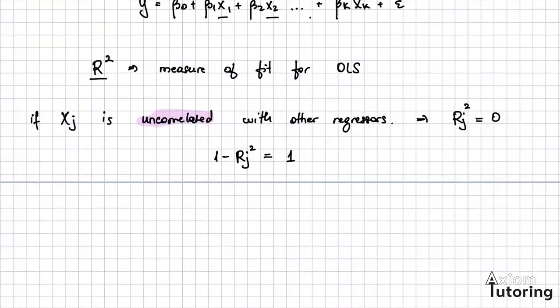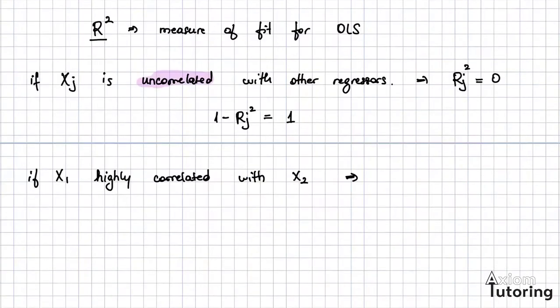However, what if we've got, let's say, x1 highly correlated with another of the regressors, let's say x2? What that means, based on the definition that we have of R squared, is that if I had a regression that goes x1 is equal to alpha 0 plus alpha 1 x2 plus some error term v.